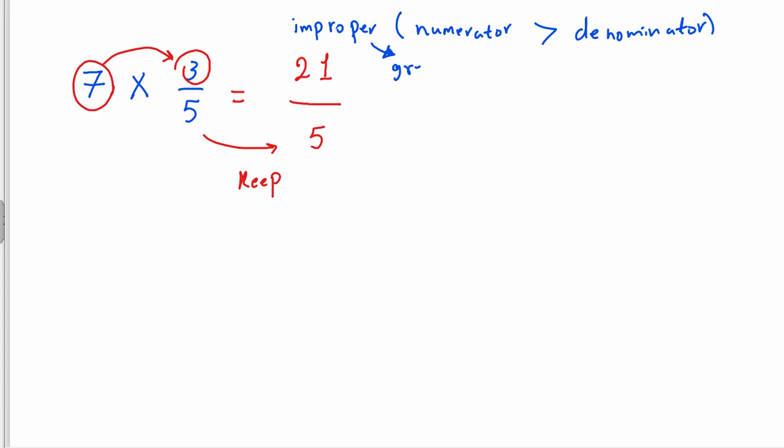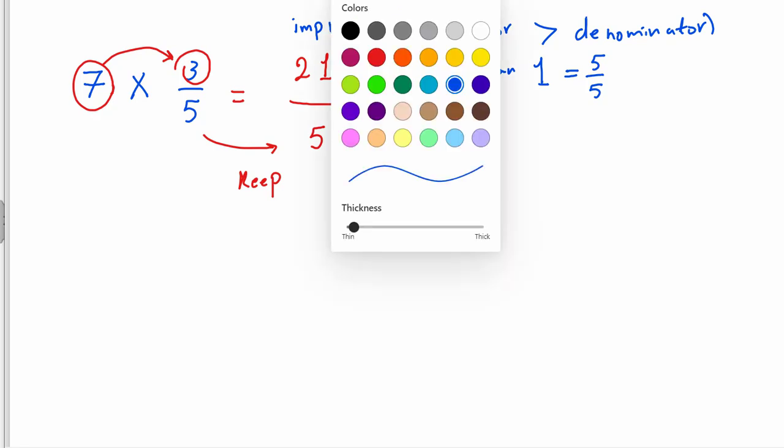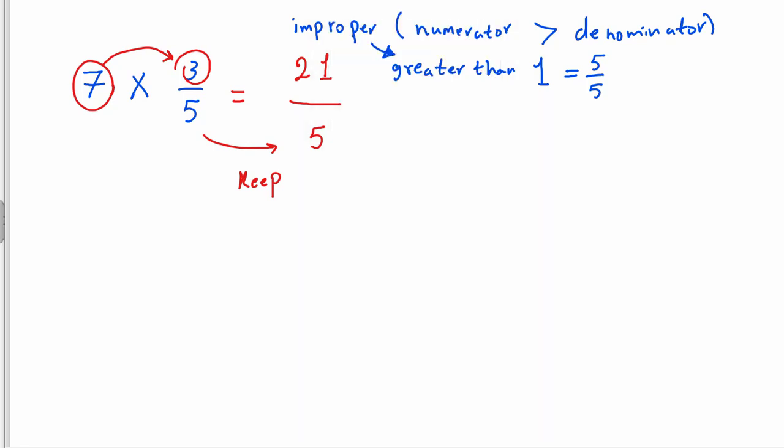So it's greater than the whole one. And the whole one in this case is 5/5. So 21/5 is greater than 5/5. What should we do? We should write it as a mixed number.